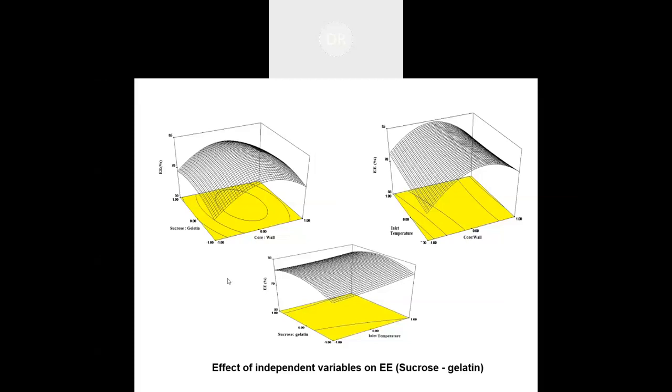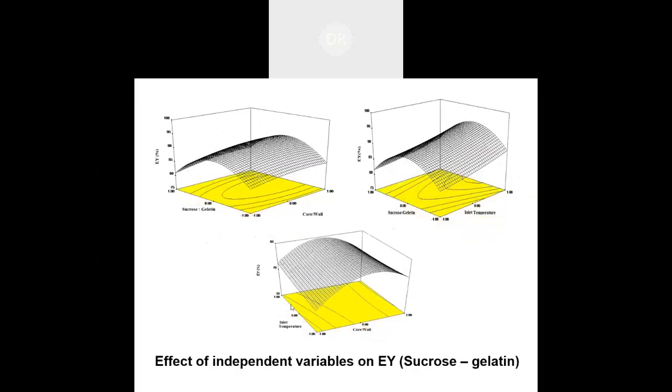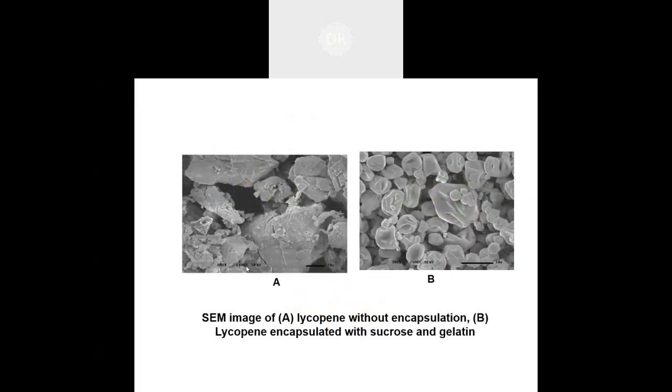Next, please. These are the graphs for the encapsulation yield. Then next, these are the SEM images of the encapsulated and unencapsulated lycopene. First, A is showing the lycopene without encapsulation, and the next one is lycopene encapsulated with the sucrose and gelatin combination.